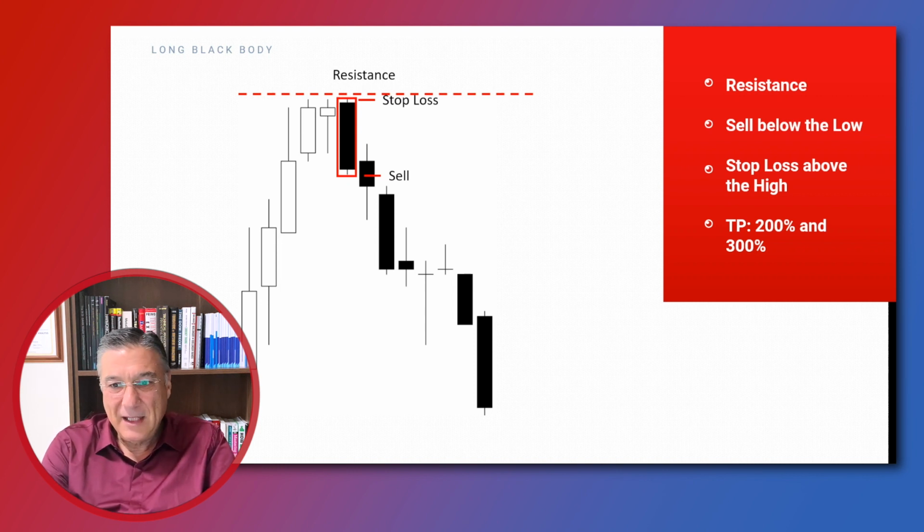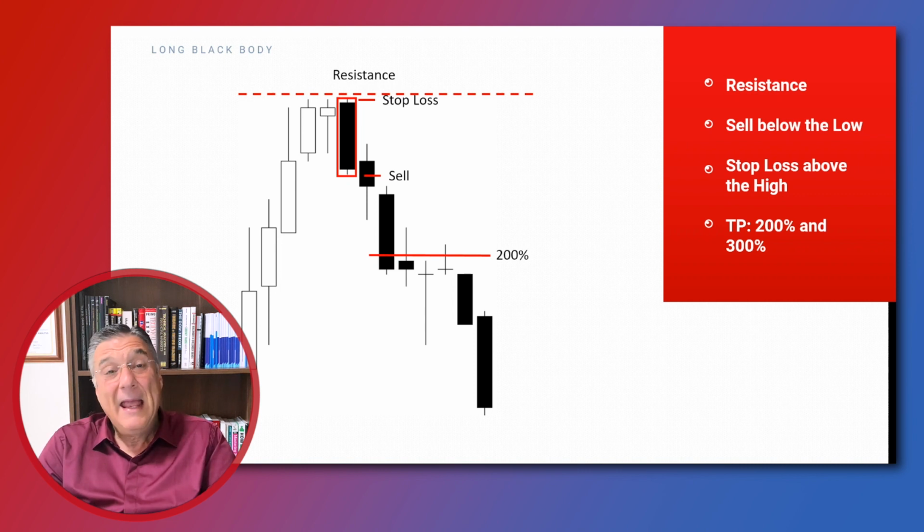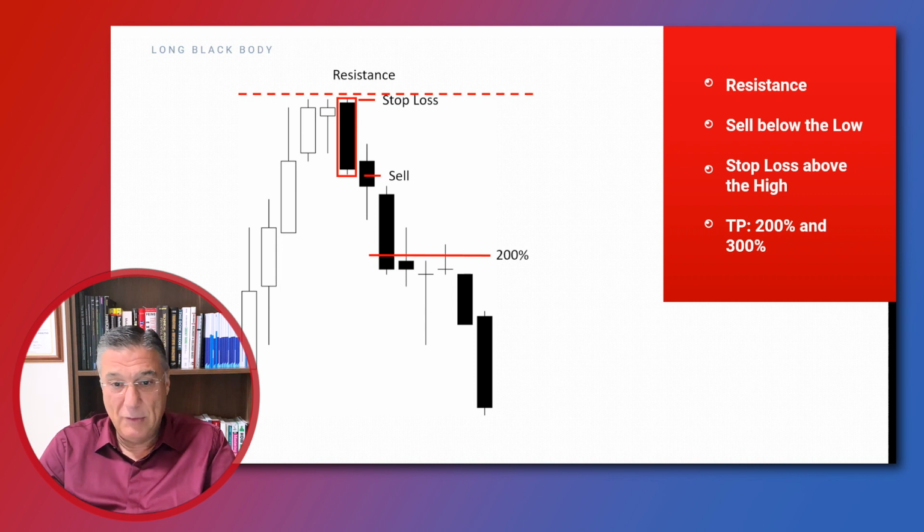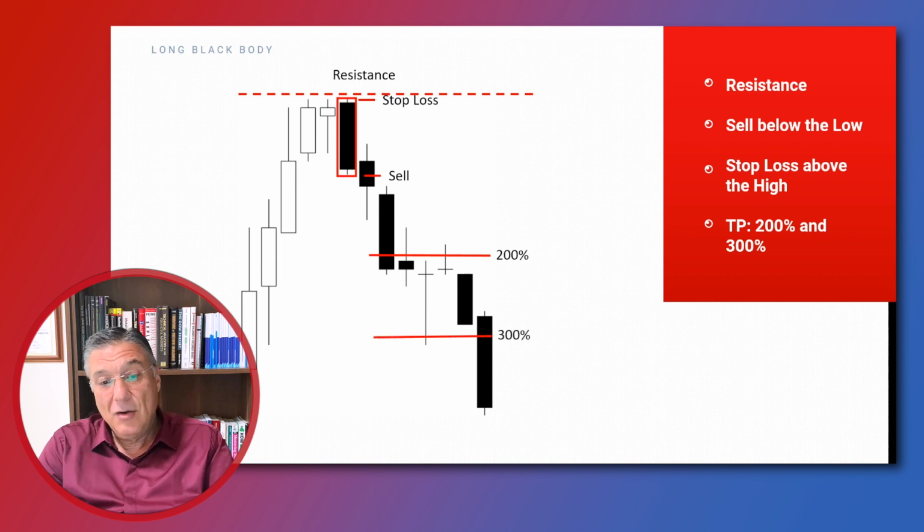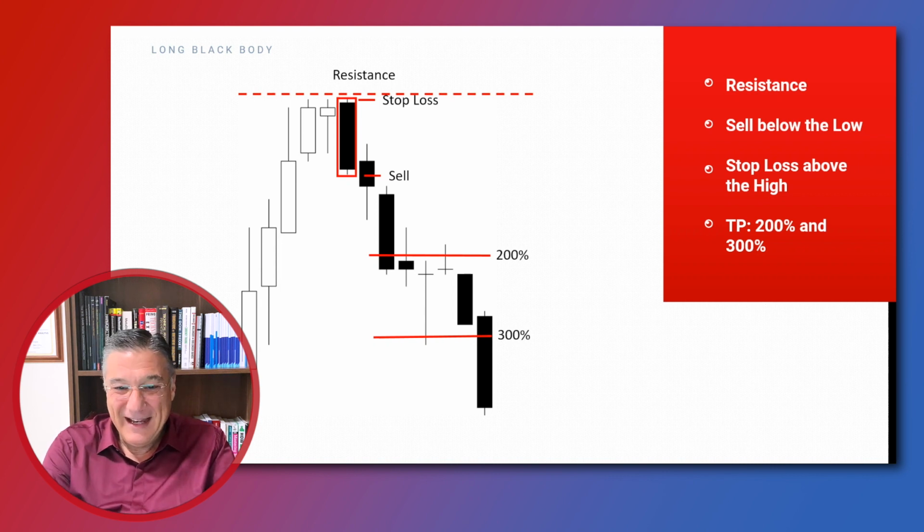Now, the first take profit level is going to be at the 200% level, and we're not going to close all of our trade, but part of our trade, and we're going to allow another part of our trade to run even lower, so we can book more potential profit, if any. And this is the case in this scenario where we close the remaining of our position at the 300% level. Excellent, good.